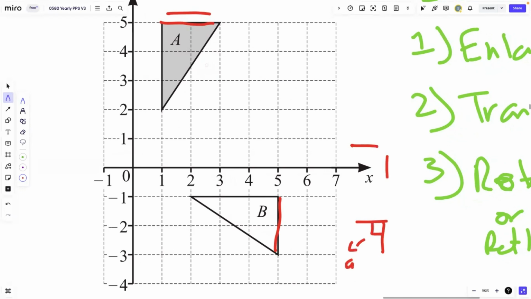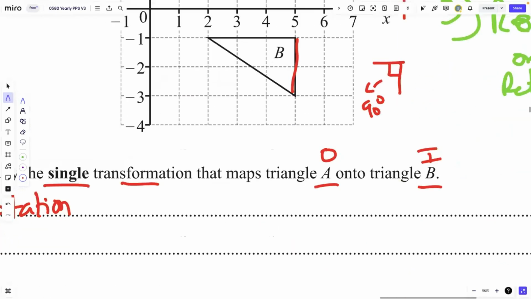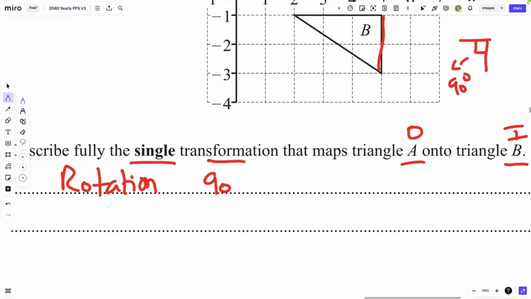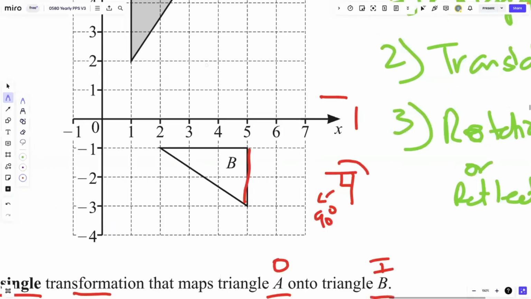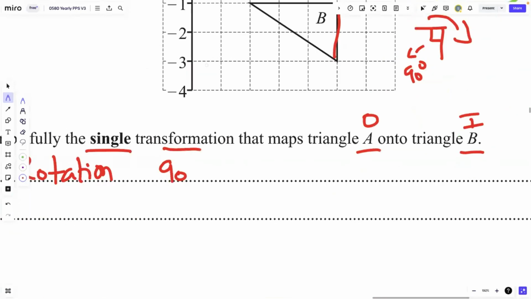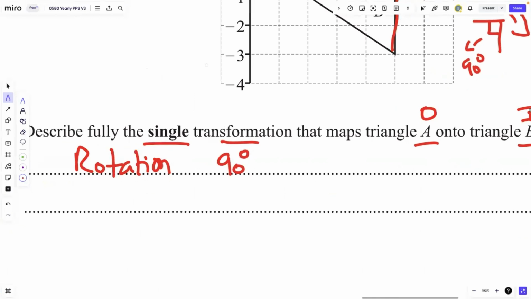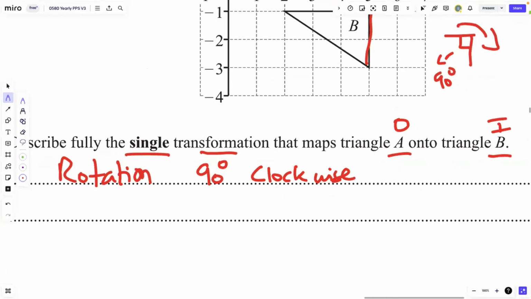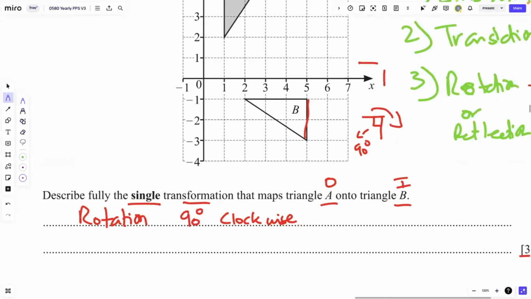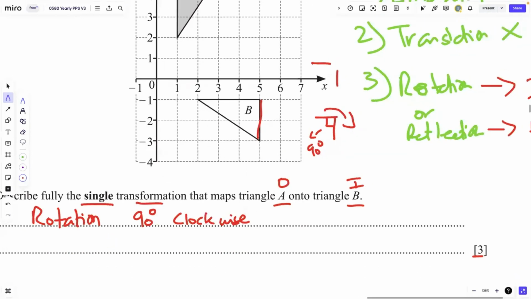It's actually 90 degrees, and it's gone in this direction. So it's 90 degrees clockwise. That's your second mark for writing the direction and angle of rotation. And the final thing we need to write is the center point.